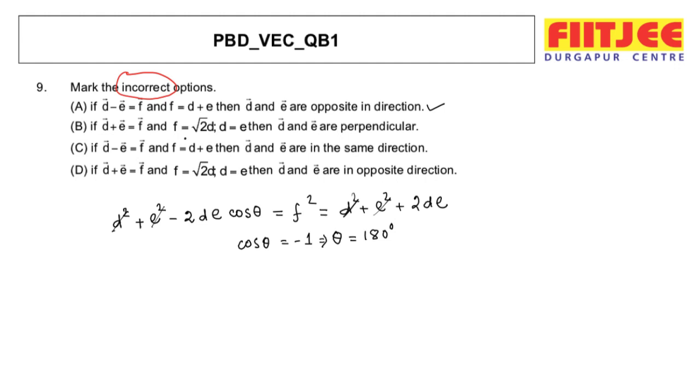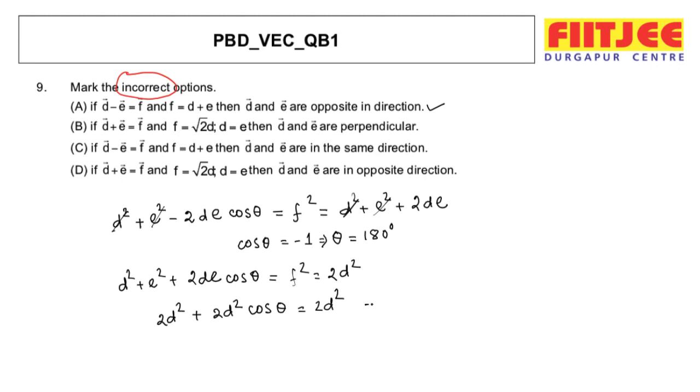D plus E equal to F and F equal to root 2 D. So the magnitude of D plus E vector is D square plus E square plus twice DE cos theta, that is equal to F square, which is equal to 2D square, and D equal to E. So if D equal to E, that means 2D square plus 2D square cos theta equal to 2D square, which means cos theta equal to 0.